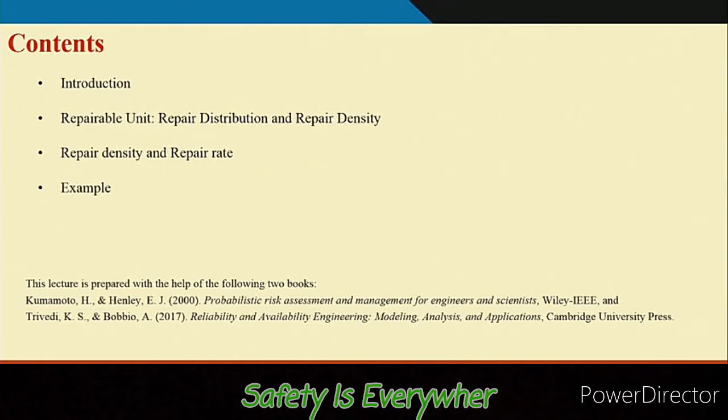We are primarily following the book by Kumamoto, H. and Henley, E. J., Probabilistic Risk Assessment and Management for Engineers and Scientists. If you do not have this book, please get it and go through the relevant pages. I am sure you will be able to understand it even if you do not fully understand in this class, but I will try my best to make you understand.